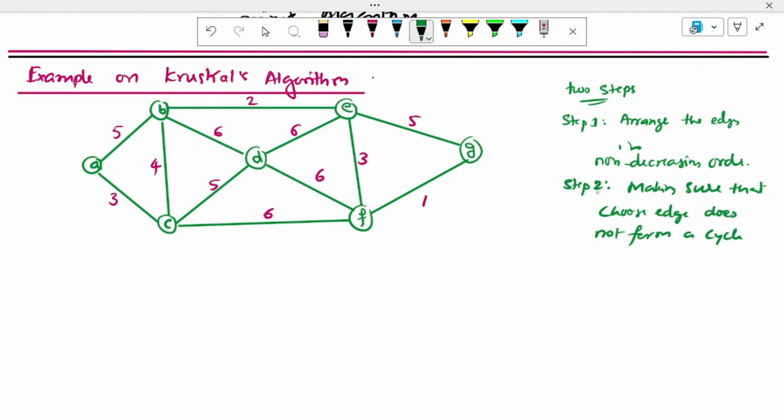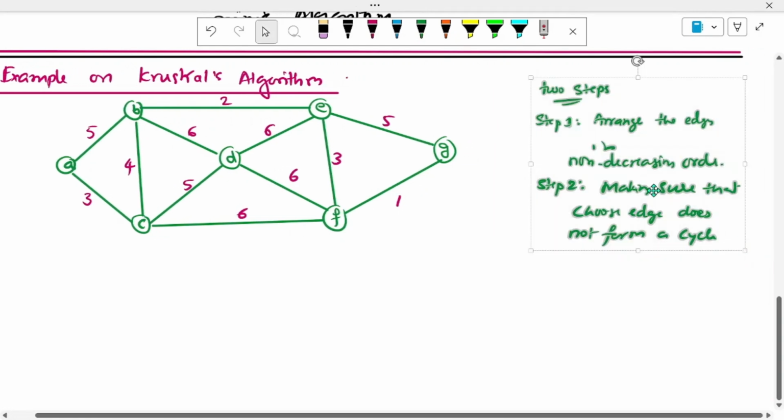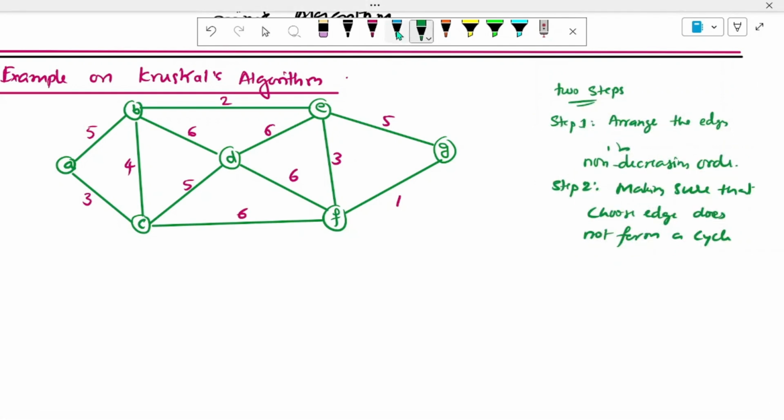So what I am going to do now is make some space, because I'll require it nearby. Let me take it this side, and let me have a line here.